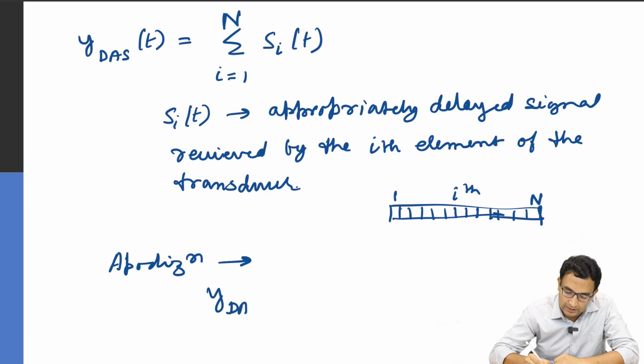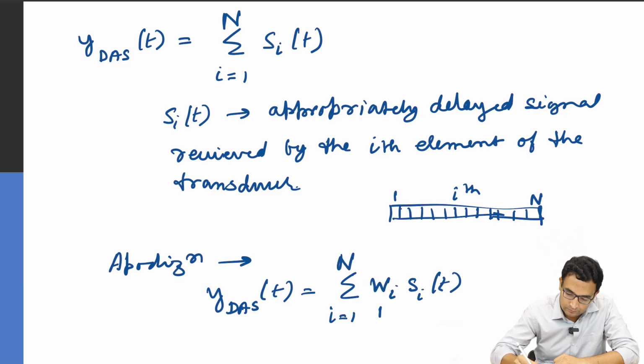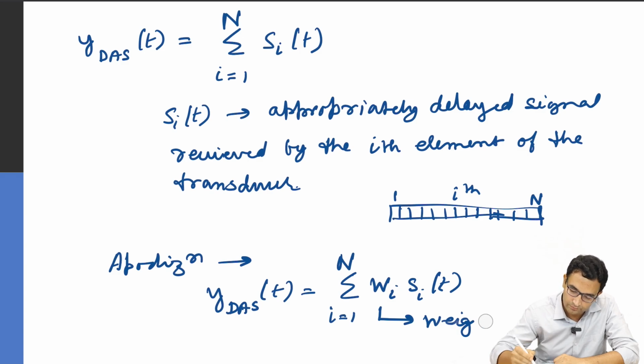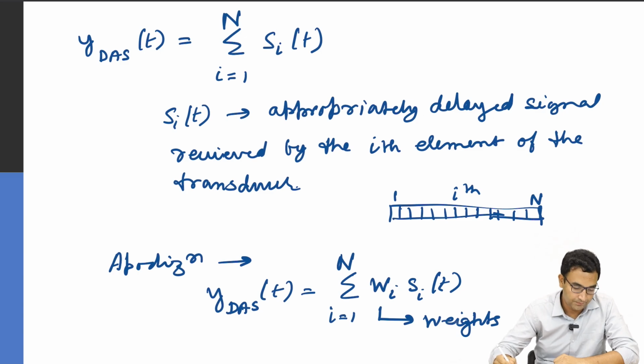So then your y delay and sum would be given by a summation where now these weights are applied.